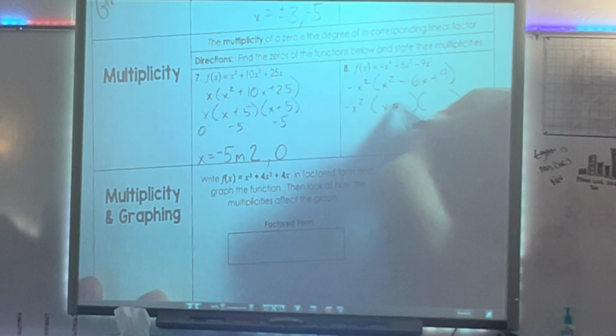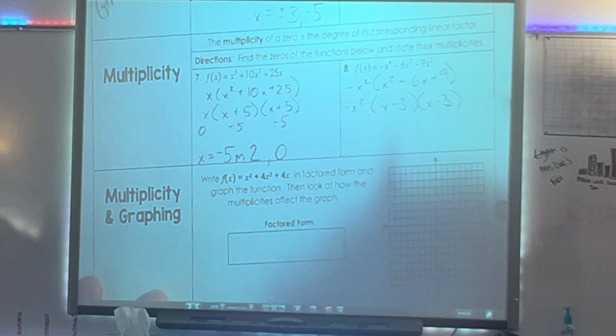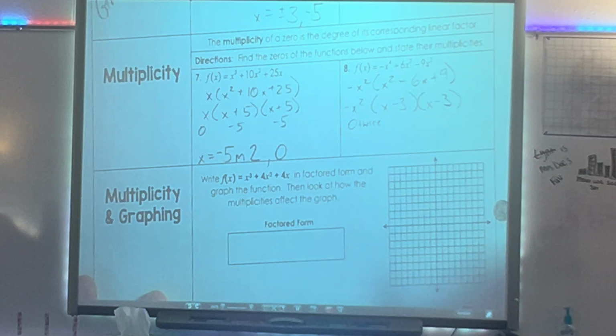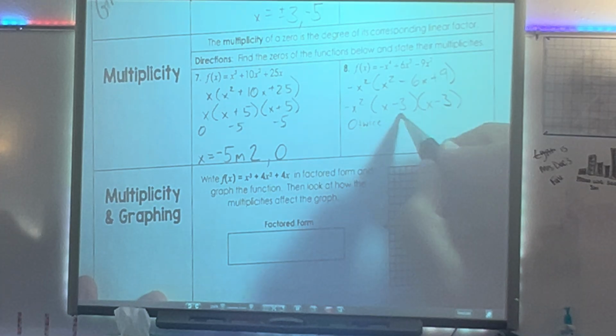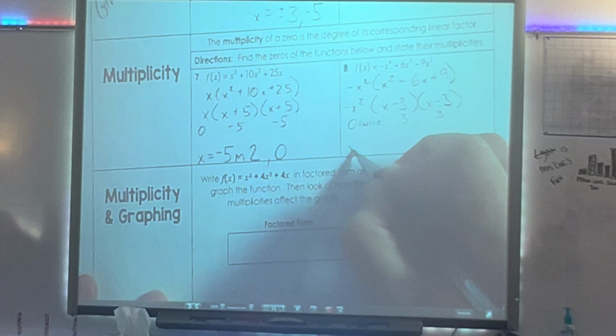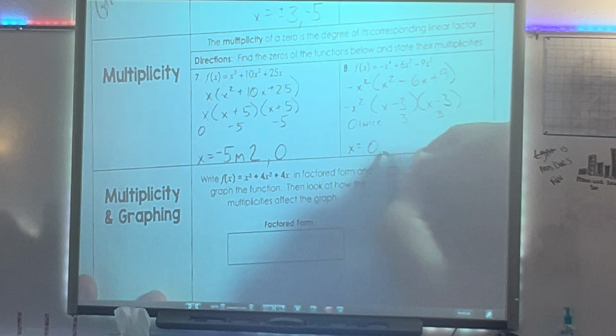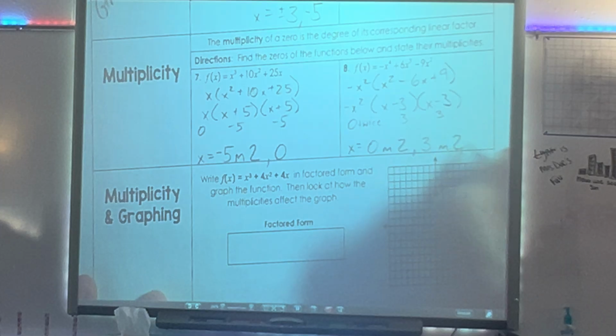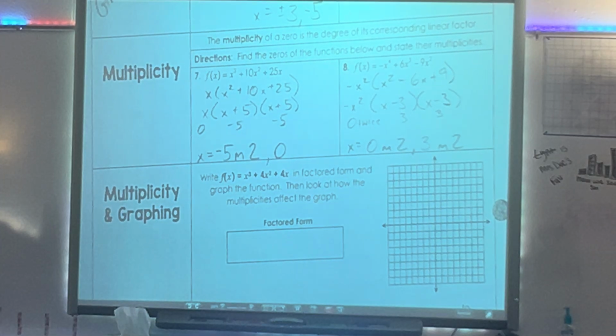So minus 3, minus 3. So this has 0 twice because it's x squared. You all okay with that? And that's positive 3 and positive 3. So you would have x is equal to 0, m2, and 3. Multiplicity of 2. Questions on that one at all?